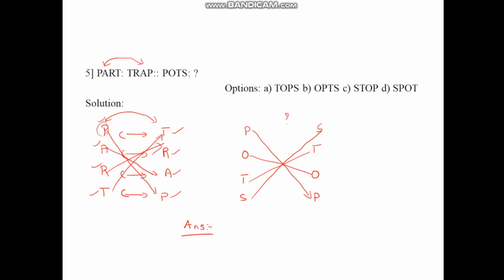If the letters are repeating, this is the logic: P to P, A to A, R to R, and T to T. So this is the logic behind this. The answer for this is S, T, O, P, stop. And the option is, I think it is there, yes, C. Option C is the right answer for this question.